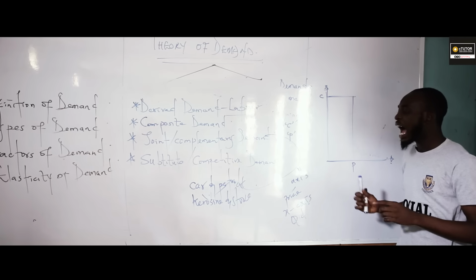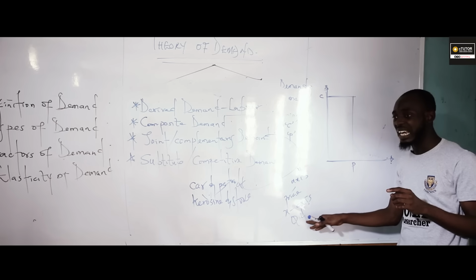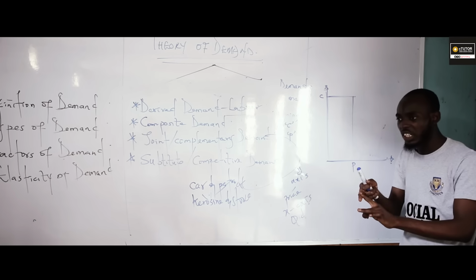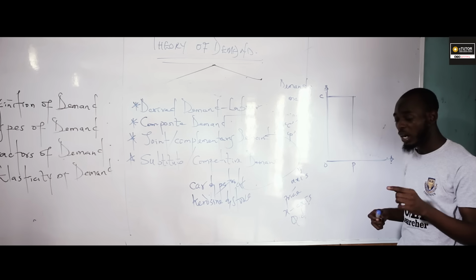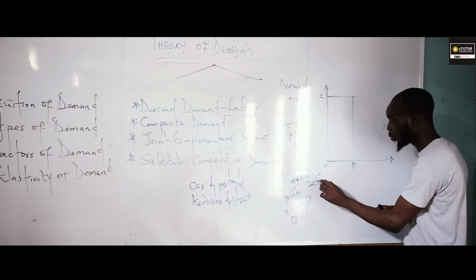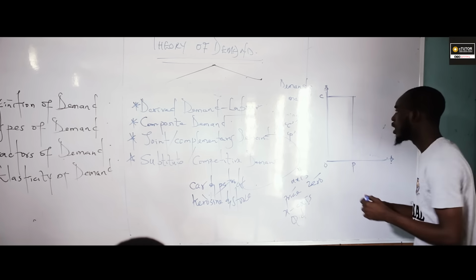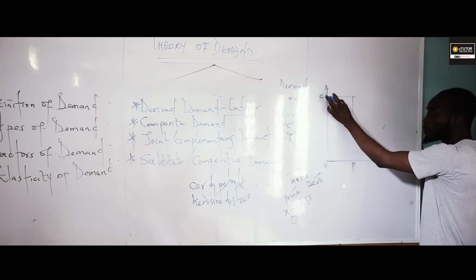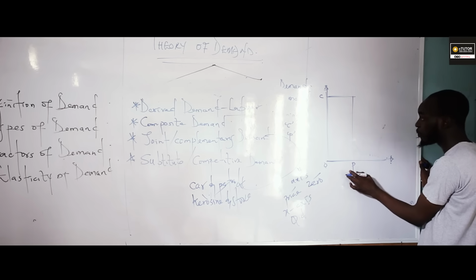Whenever the y-axis meets the x-axis, we call it the point of origin, and the point of origin is always 0. Am I communicating? So, if there is an increase in price of car, there will be a reduction in the quantity demanded of petrol.